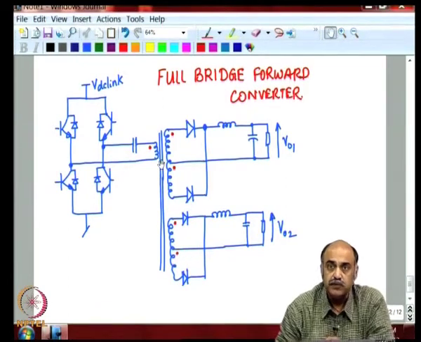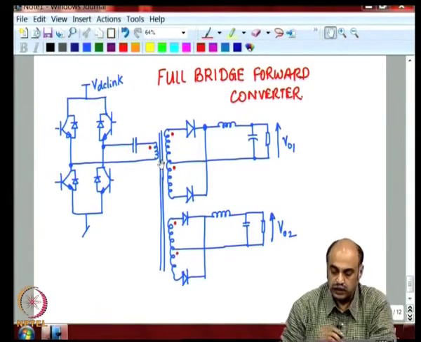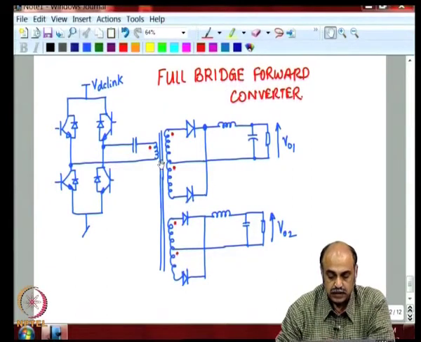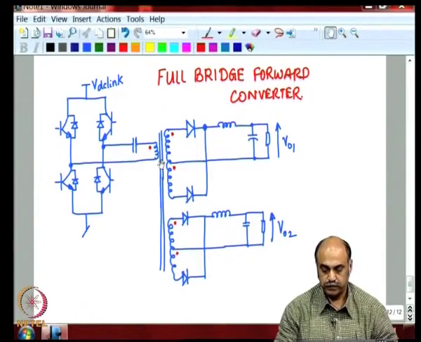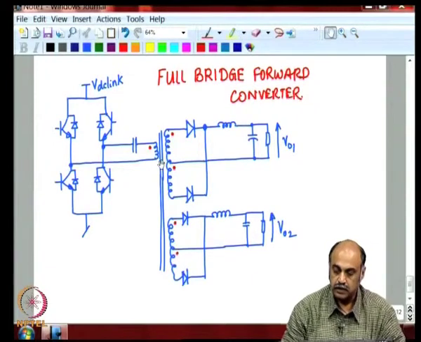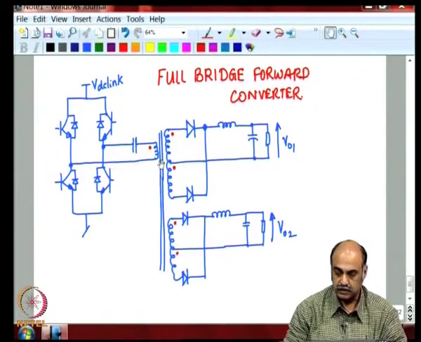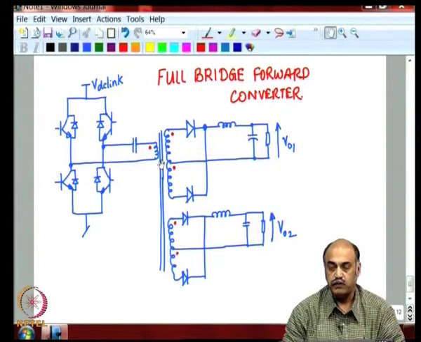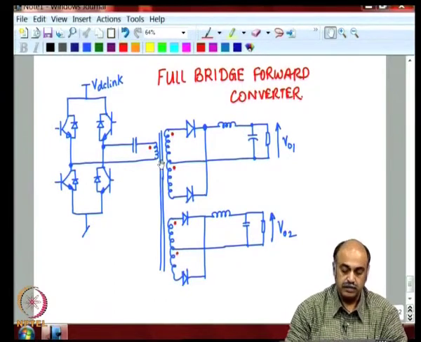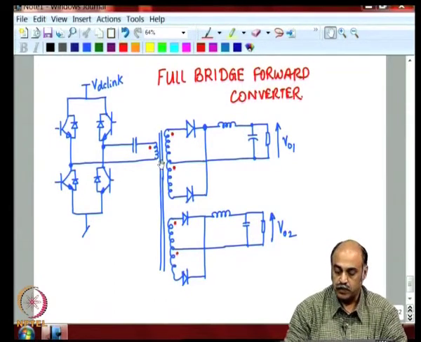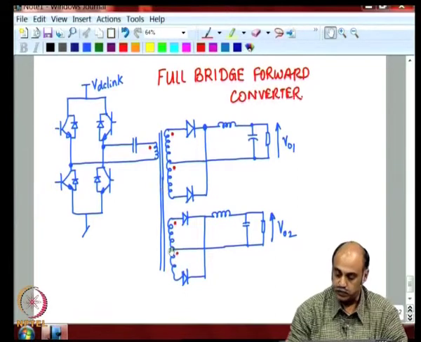So, let us see how we would go about doing the design of such a converter. I have purposely taken an isolated DC-DC converter case rather than a more trivial boost converter or a buck converter, because these isolated converters are much more used in practice.